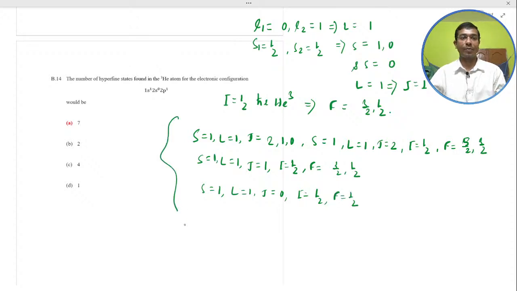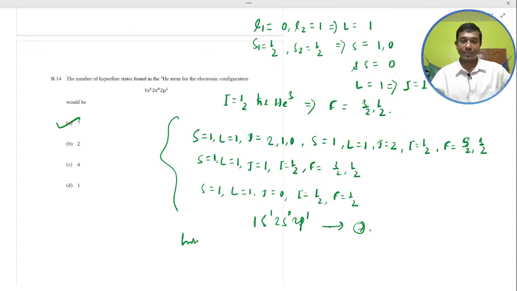So the number of states for this configuration, 1s1, 2s0, 2p1, would be 7. Option A is correct, 7, because a total of 7 F values are obtained from the different states.